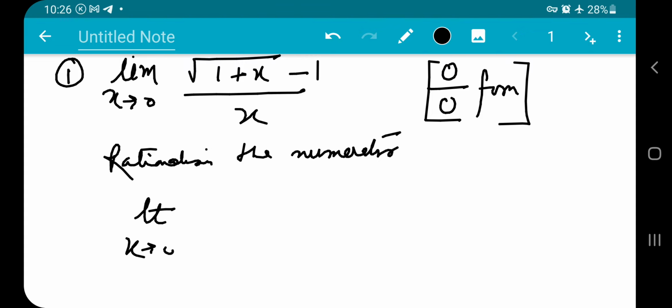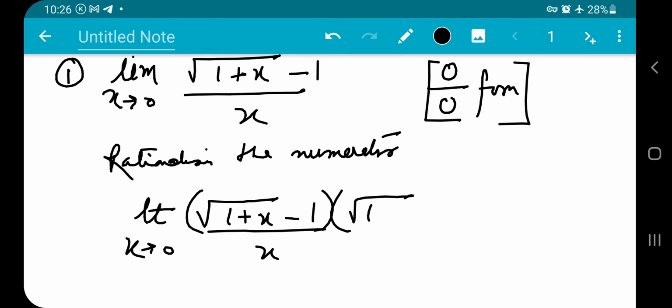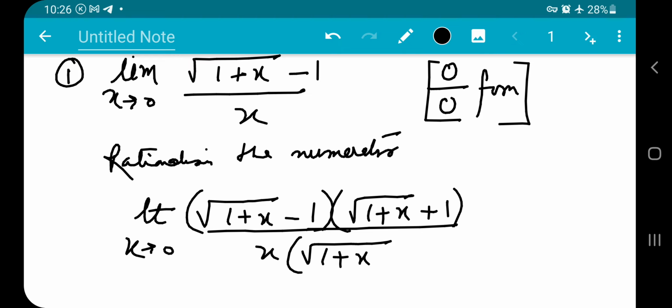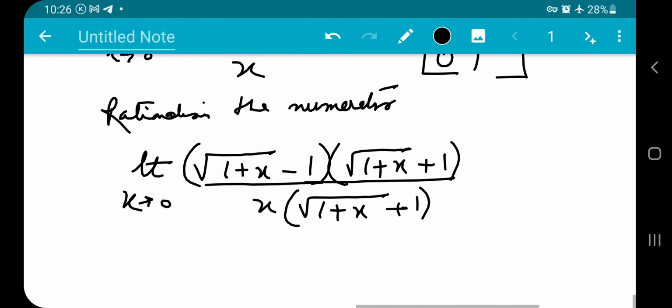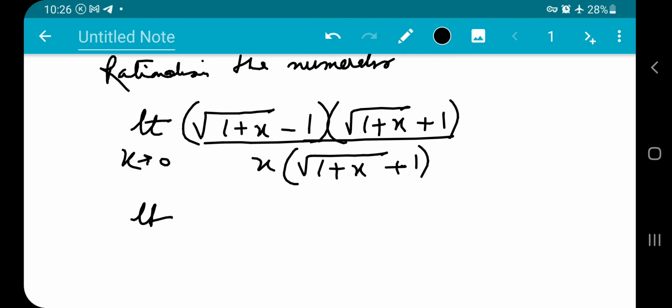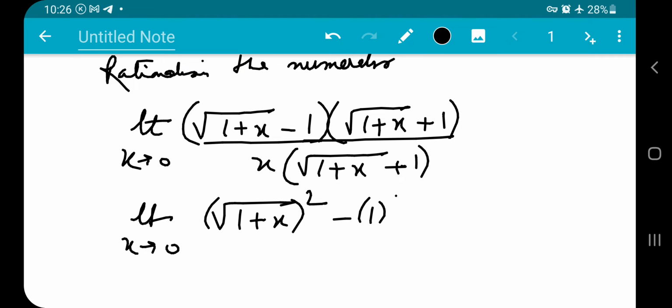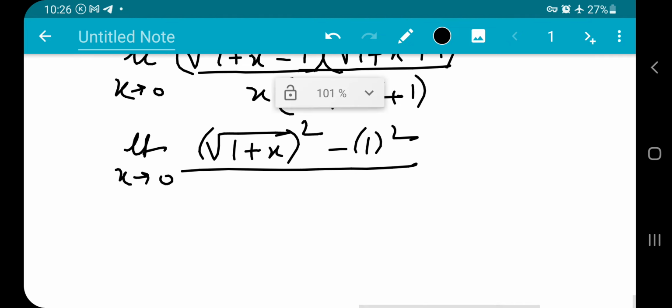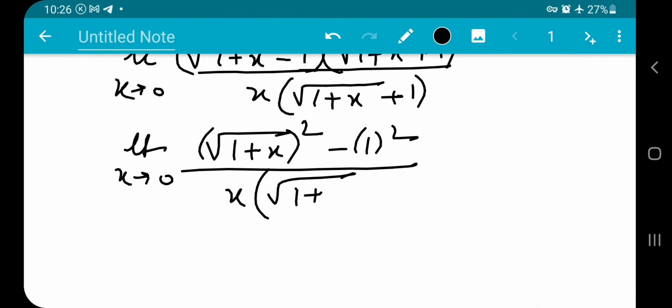Limit x tends to 0, root of 1 plus x minus 1 by x. You are multiplying with root over 1 plus x plus 1 by root over 1 plus x plus 1. So in the numerator what you are getting? (Root over 1 plus x) whole square minus 1 whole square by x (root over 1 plus x plus 1).